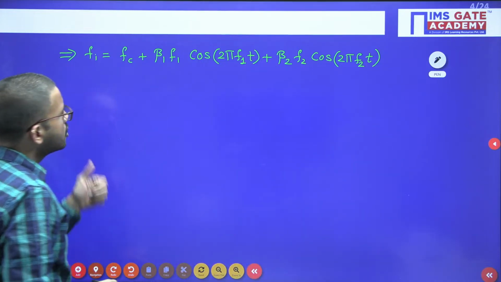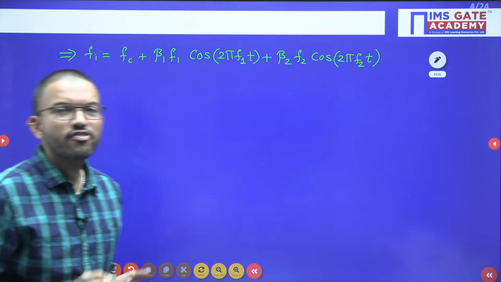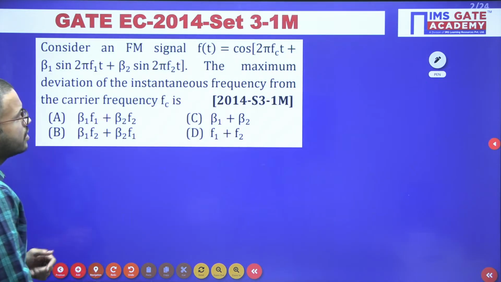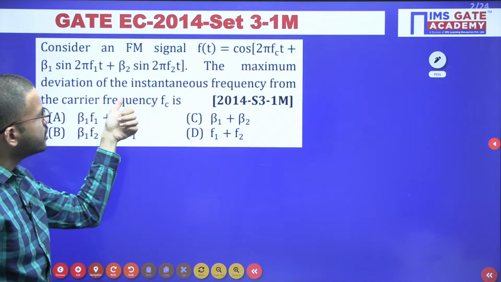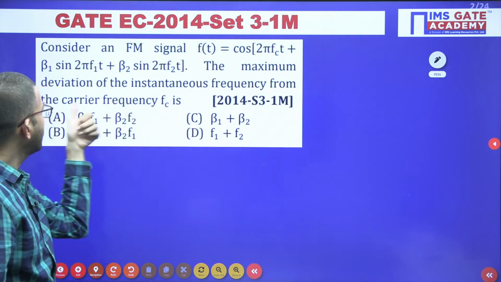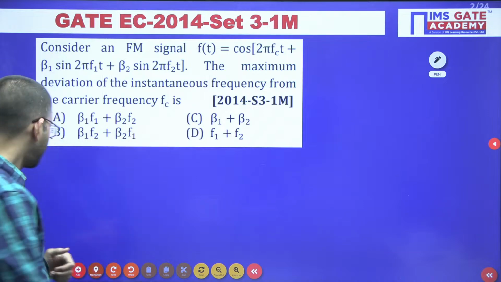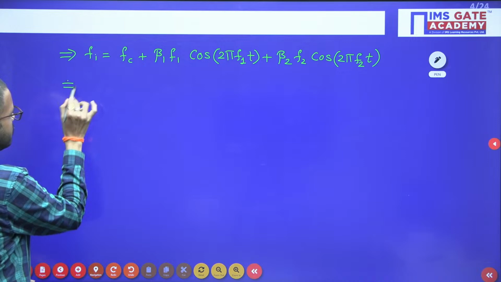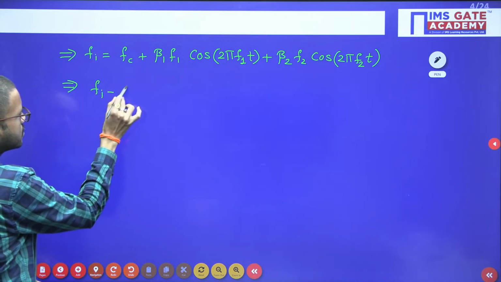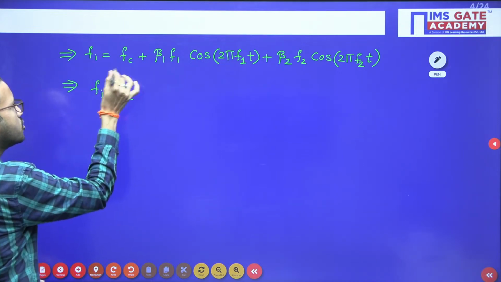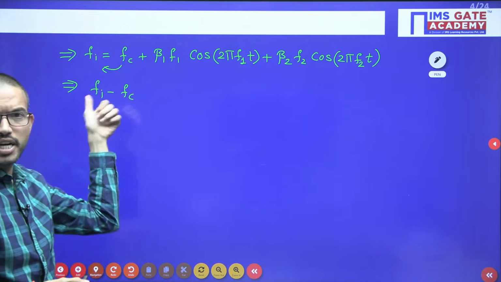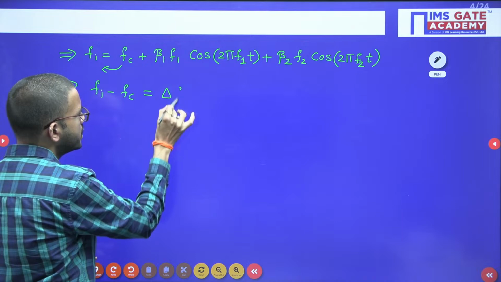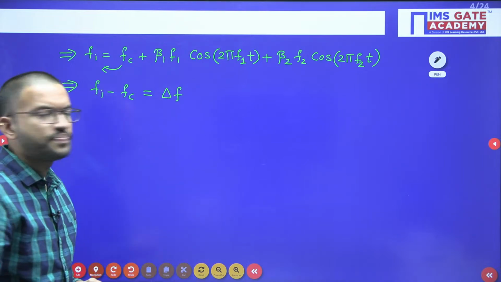Now in the question they are asking the frequency deviation, right? Just observe carefully. Here they are asking maximum deviation of the instantaneous frequency from the carrier frequency, right? So that means from here we can write fi minus fc. That means we are bringing fc to the left hand side, then it will become negative. fi minus fc is nothing but frequency deviation. That one we can represent as delta f, right?